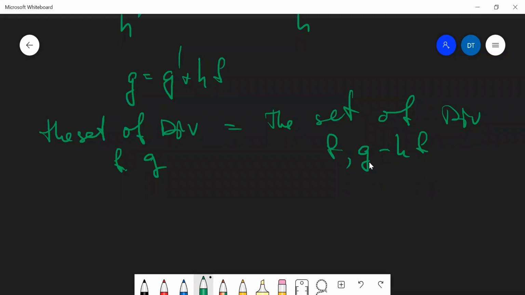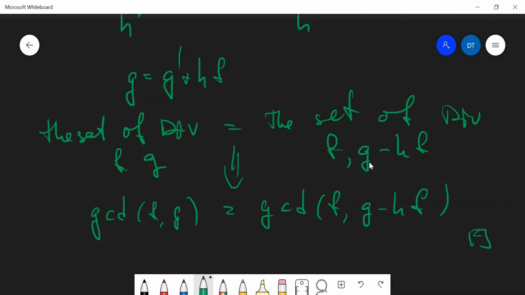So from this equality, it follows that the greatest common divisors for f and g are the same as the greatest common divisors for these two polynomials. And we're done. So this immediately follows from the abstract definition.